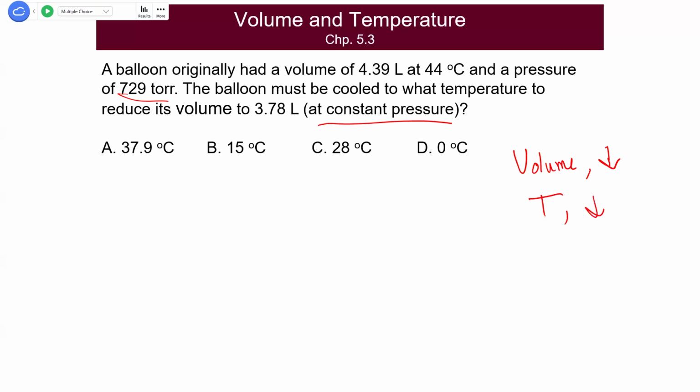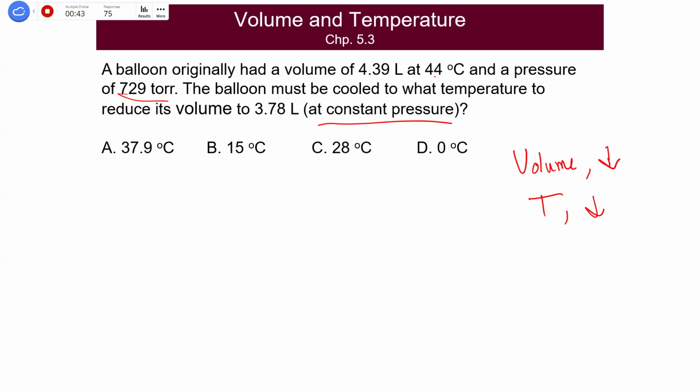So let's solve for that calculation as well. What unit is your temperature in?